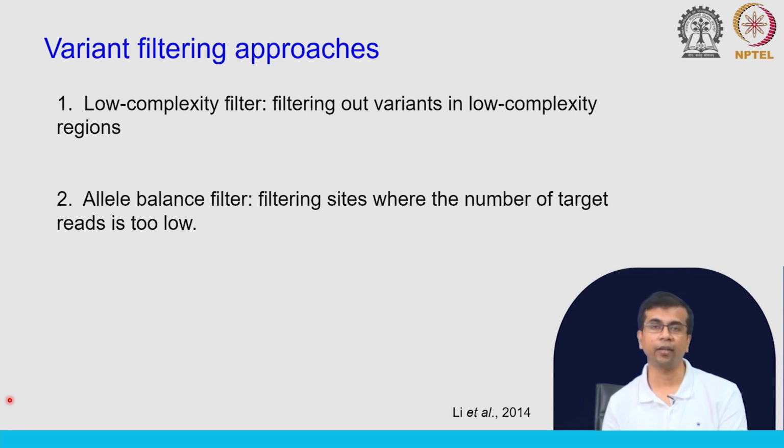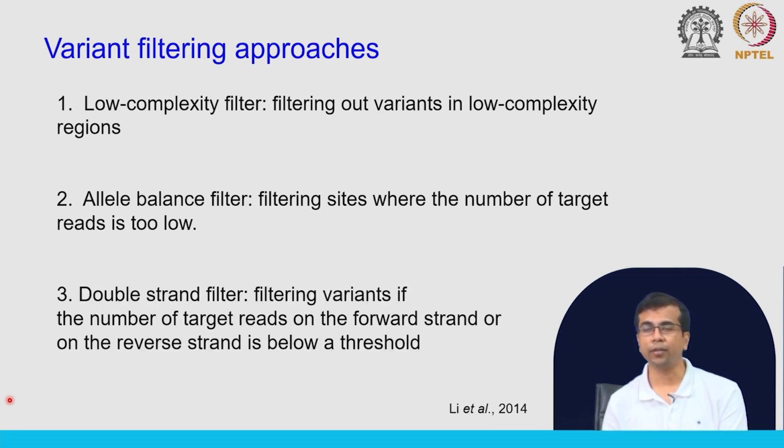You need to set what is too low, what number means your coverage or read number is too low. Usually it is set to at least 3 or 5; you need to have at least 5 coverage, and a certain number of reads should show this variant.